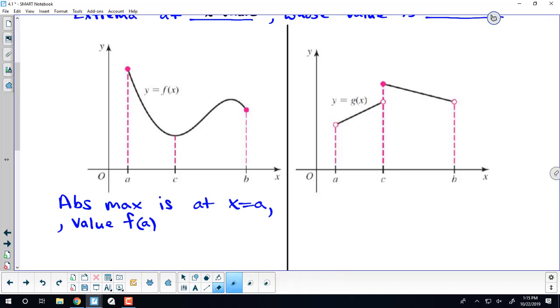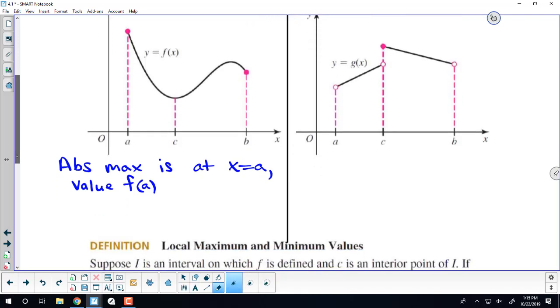What's the absolute minimum? It's at x equals b. Oh, wait, no, c.